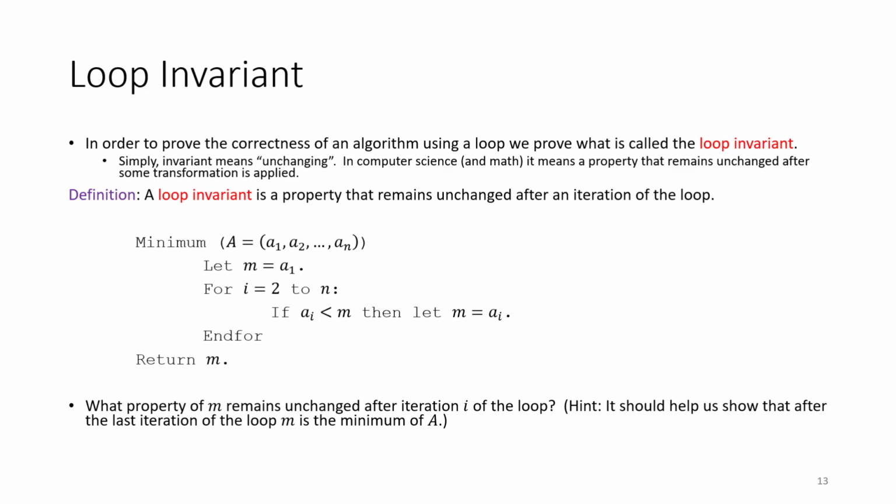What did I want to prove? I wanted to prove that m was the minimum of everything, and this idea that m is the minimum so far is going to help me get there. So that's the loop invariant that we want to prove correct: after each iteration of the loop, m is the minimum so far. It's not the minimum of everything, but after each iteration of the loop, we add one more element that we now know m is the minimum of.